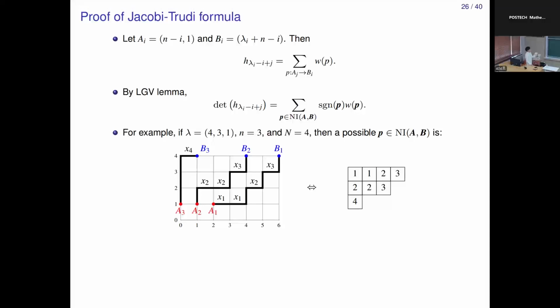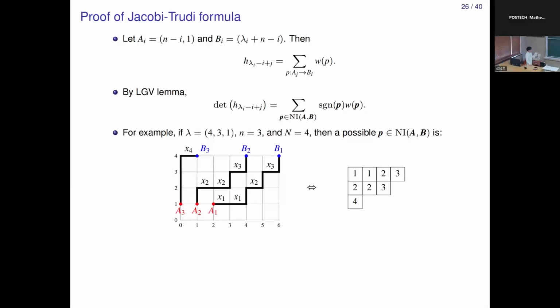And by the definition of the determinant, if you think about it, this is exactly the difference between the x coordinates of Bi and Aj. That means this is the generating function for lattice paths from Aj to Bi. Is that right?